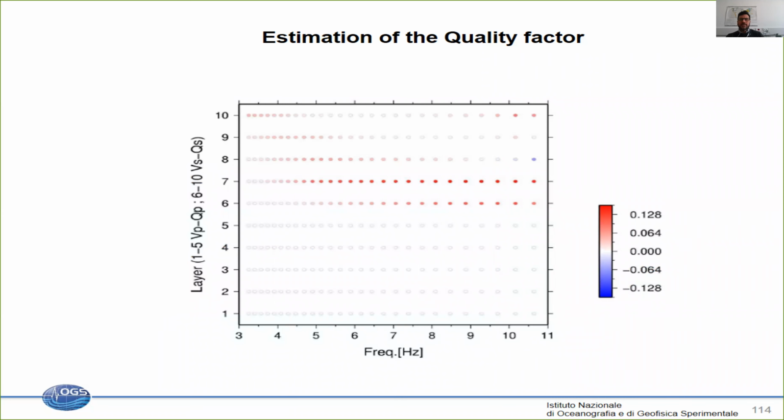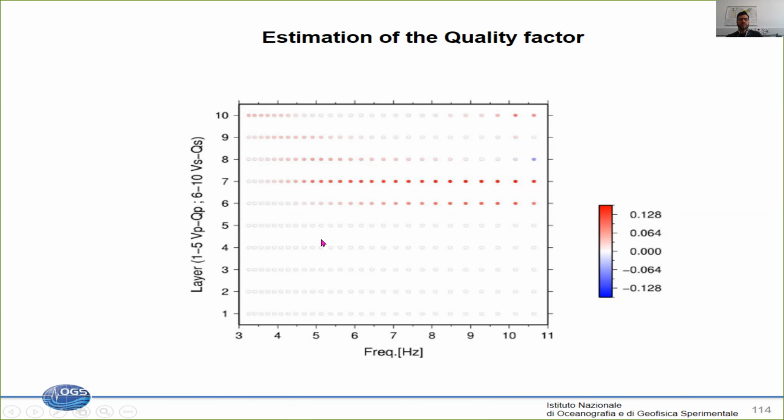So that's again our matrix that is telling us, for layers 1 to 5, the partial derivative matrix for the different frequencies in dependency on the VP and QP, and from 6 to 10, the dependency on VS and QS.